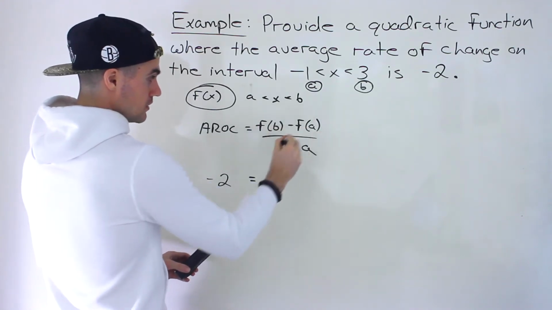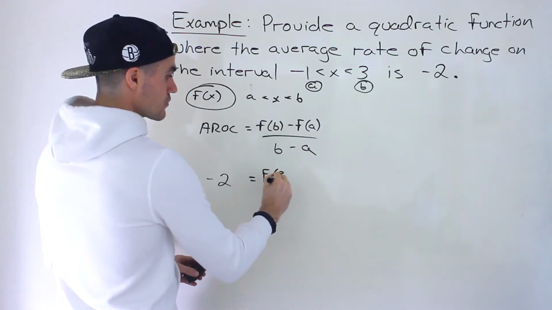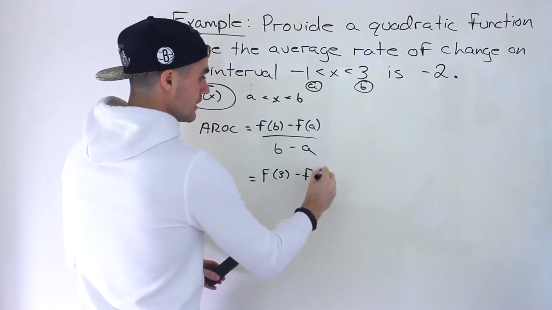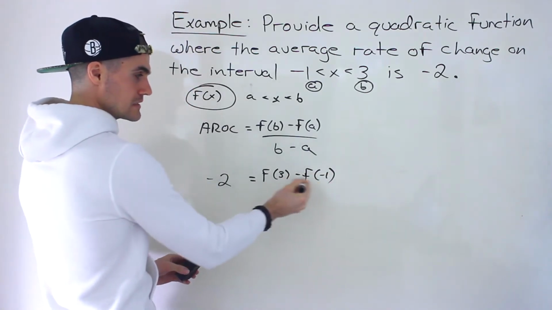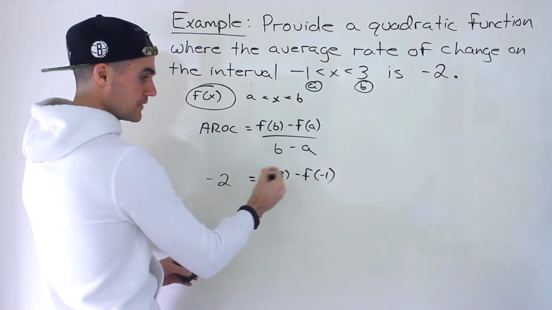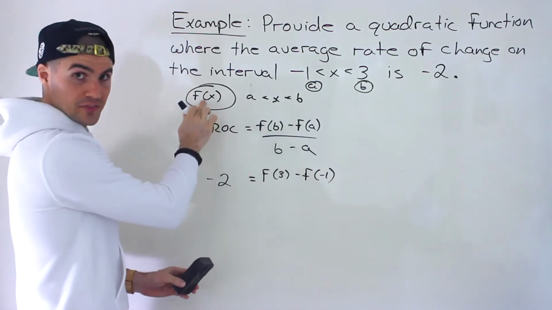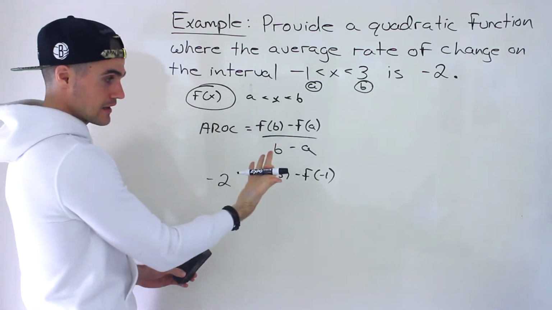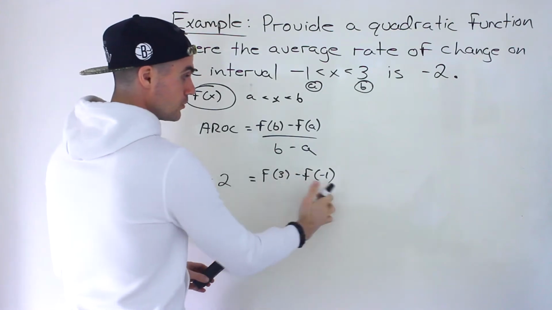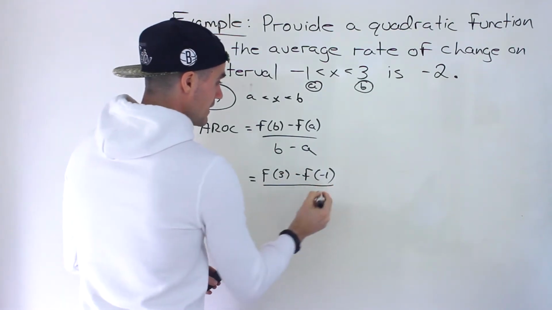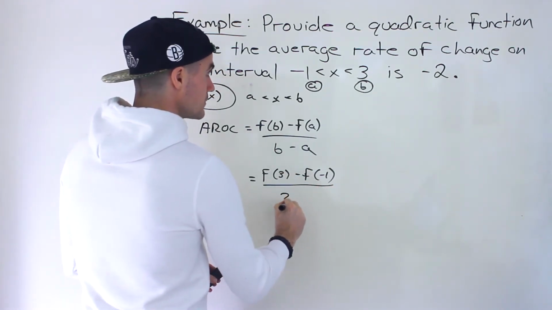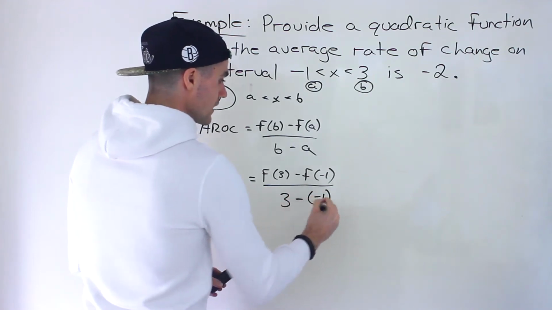The numerator we'll have f of 3 minus f of -1, right? We don't know what these values are here, because we don't know what the function is. That's what we are finding. So the numerator, we can only leave like this, but then the denominator, notice the b value is 3 minus the a value of -1.